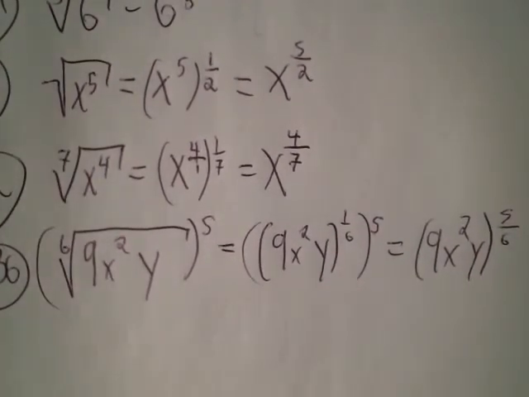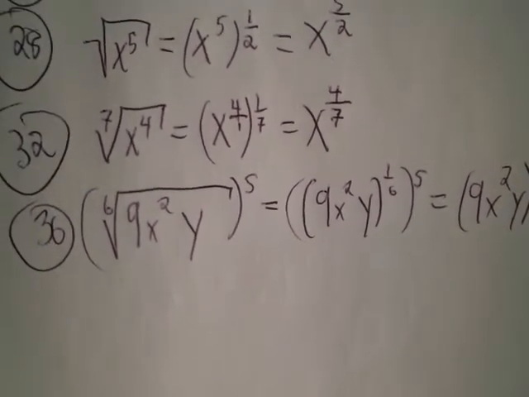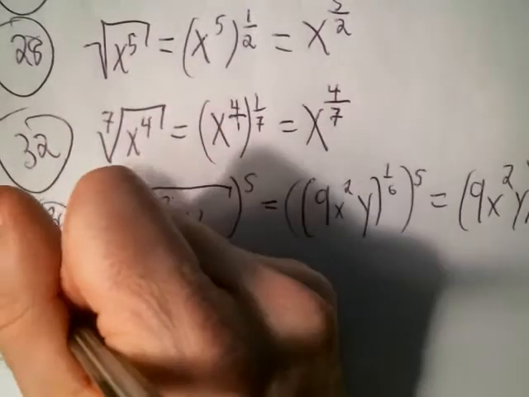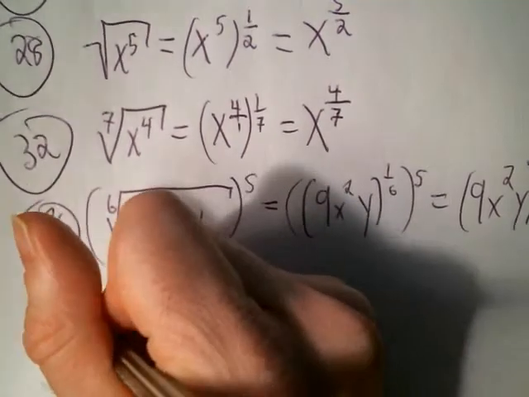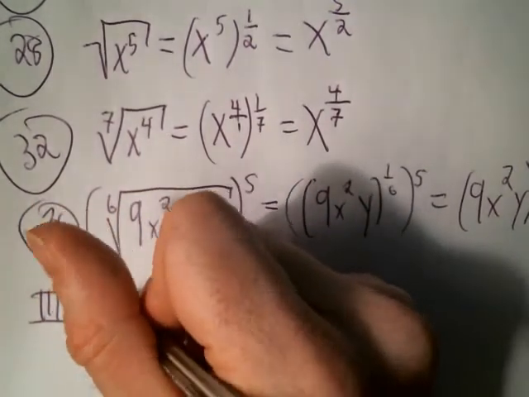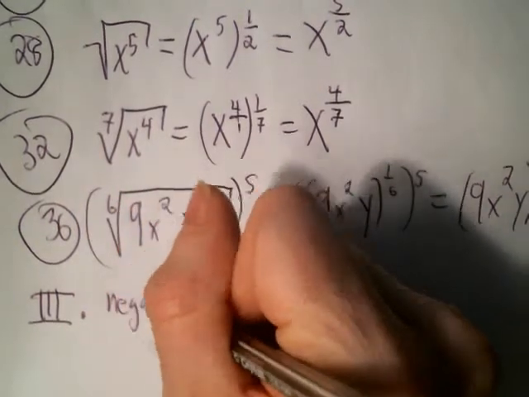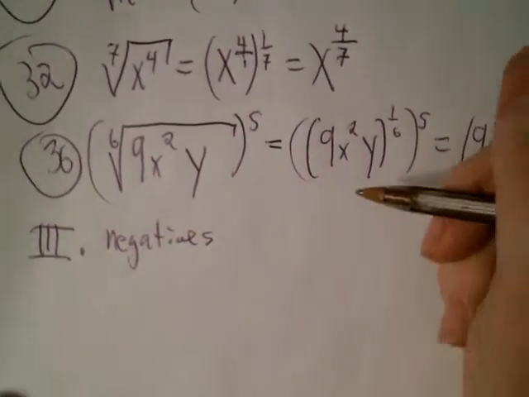Okay, so the next step then, we're looking at rational exponents. So you have to include negatives in that set of exponents, and that's what we want to deal with here. So section 3, basically negatives in your exponents.